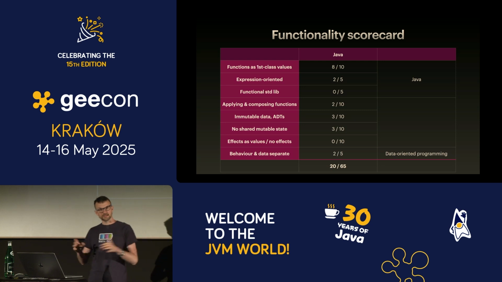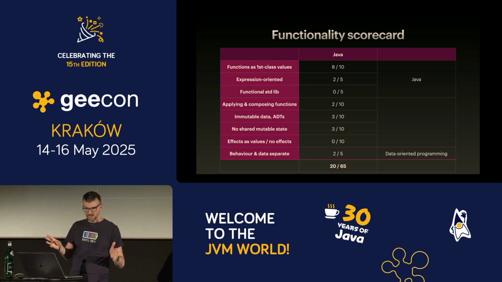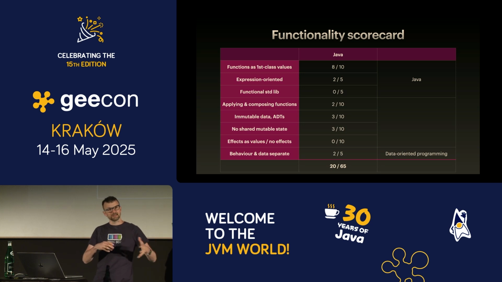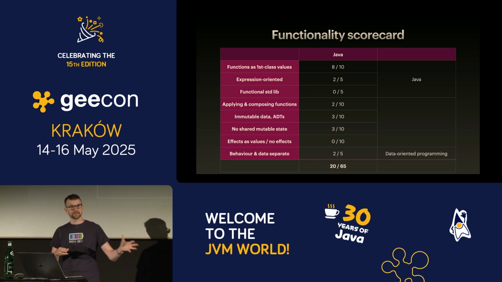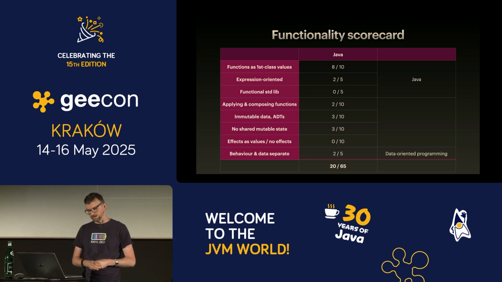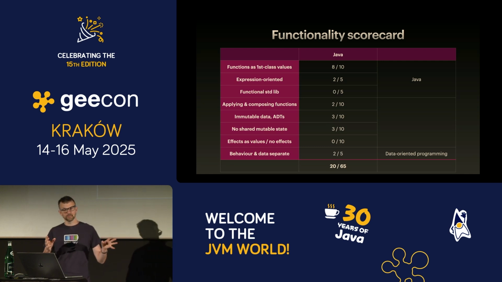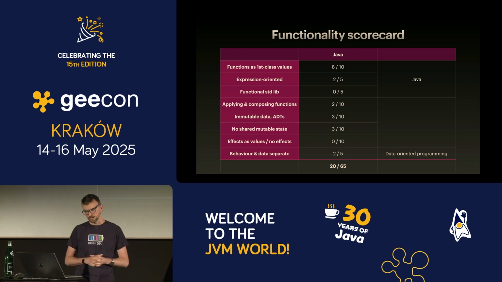The standard library is completely non-functional. It's just, well, Java focuses on compatibility, right? So it kind of cannot change the standard library without breaking that. So we are kind of stuck with hash maps and array lists, which are mutable and not really that functional. And the APIs are kind of imperative as well. So no points here, unfortunately.